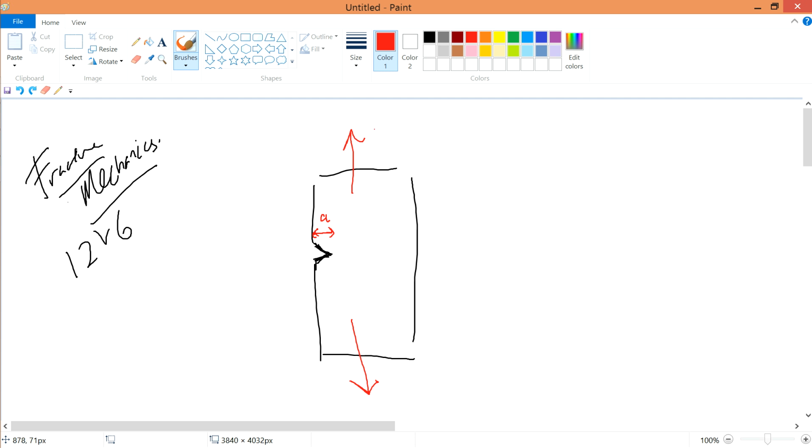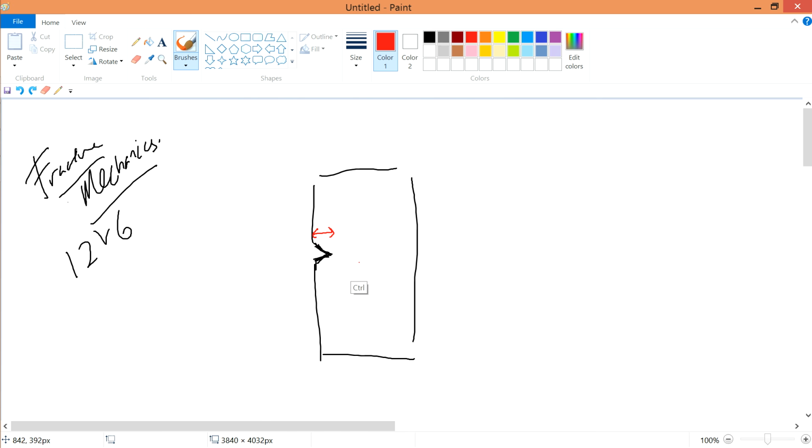Because if you load it with a very little force, this crack may not propagate. However, if you pull it in such a way that the stress load is so high, it will propagate. So we're trying to look at what is the acceptable length, such that when you pull this thing with an applied force or stress, you will not propagate it.